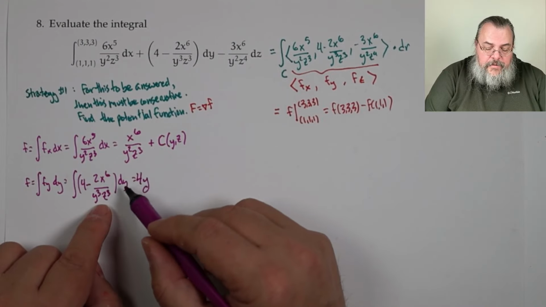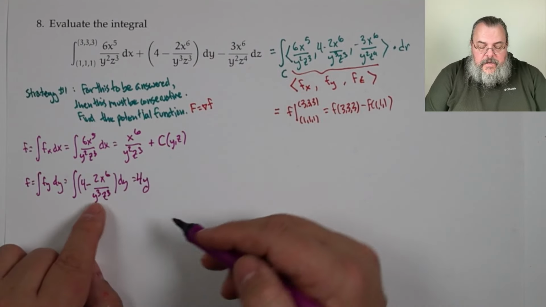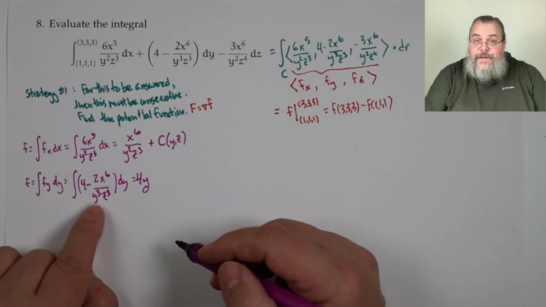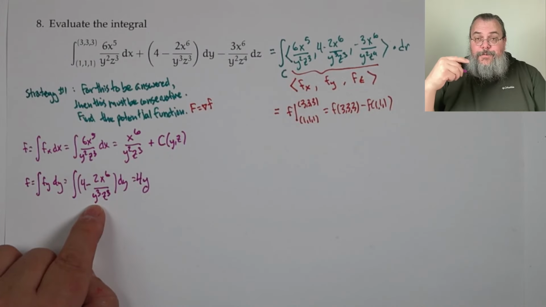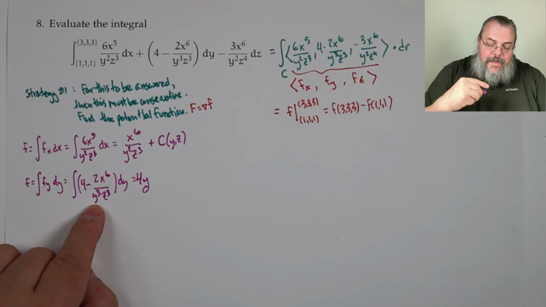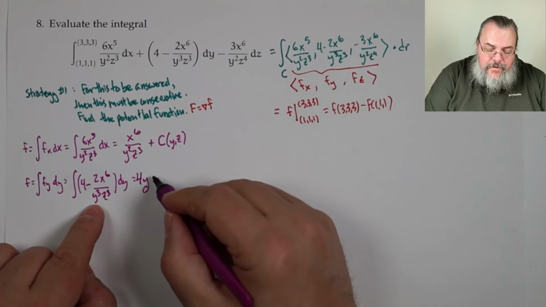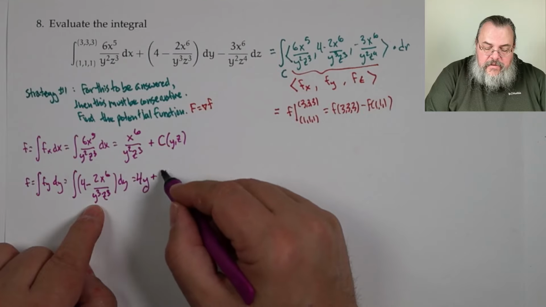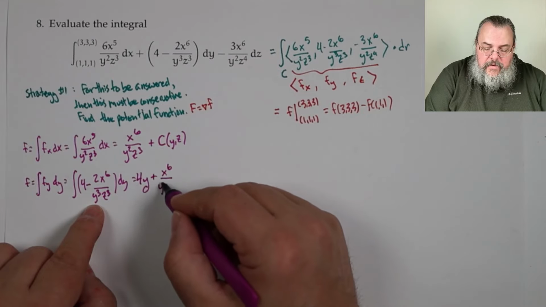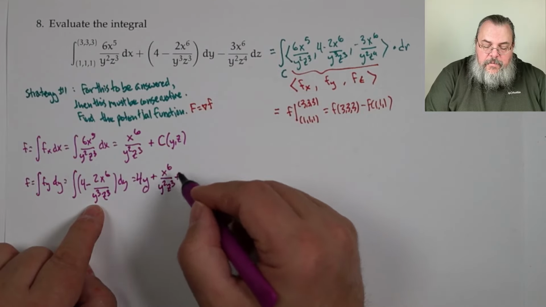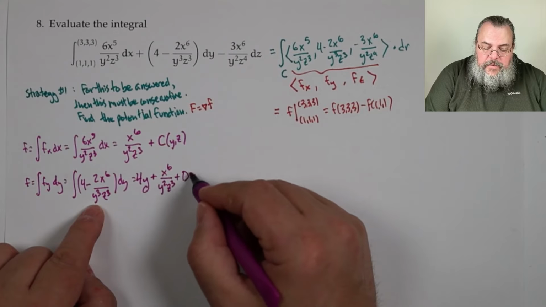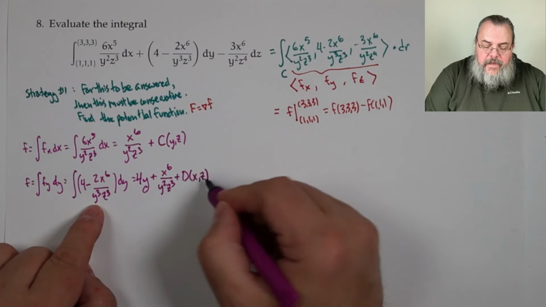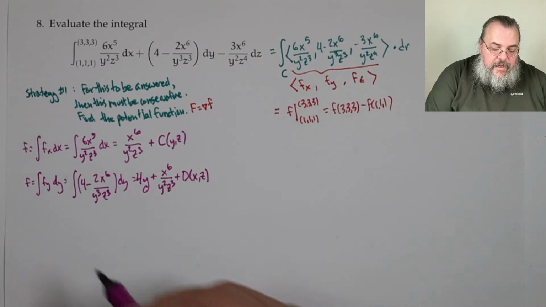Integral of the second term, well, here you have essentially y to the negative 3. You add 1 to the exponent negative 3, and you divide by that new exponent negative 2. You'll end up with x to the 6, y squared z cubed, plus anything which depends on things which are not y. So some constant xz.